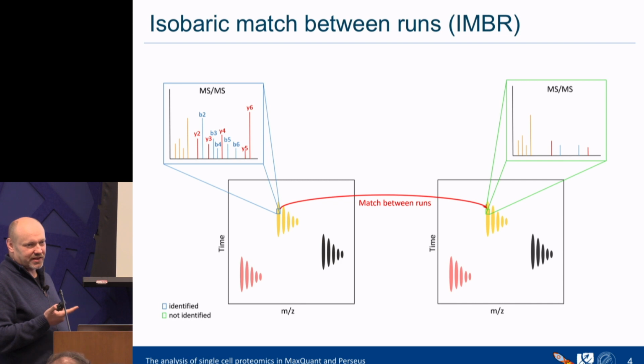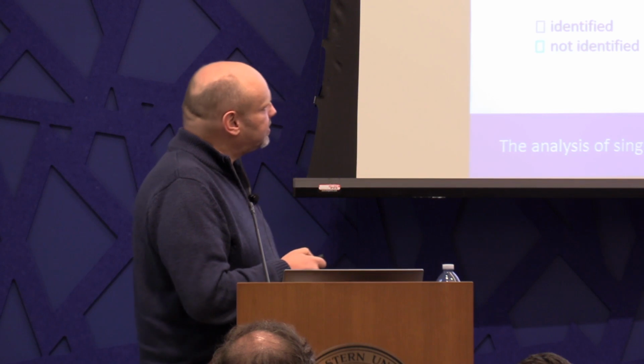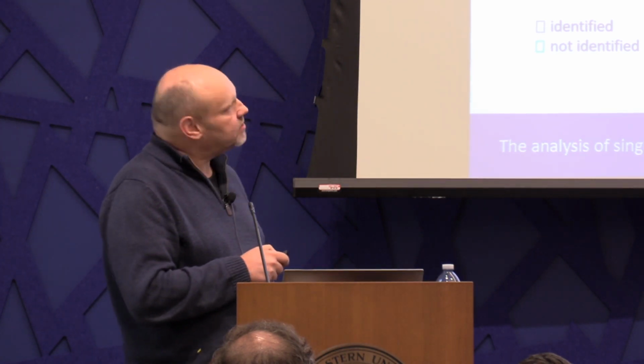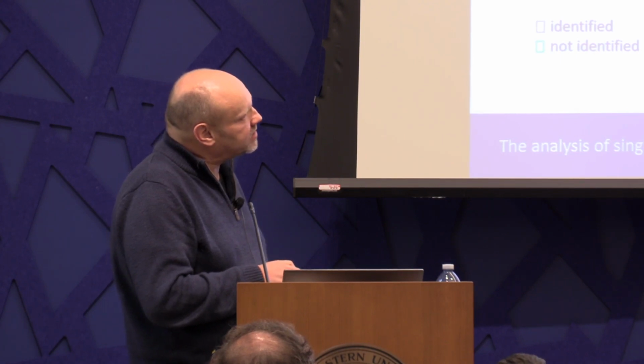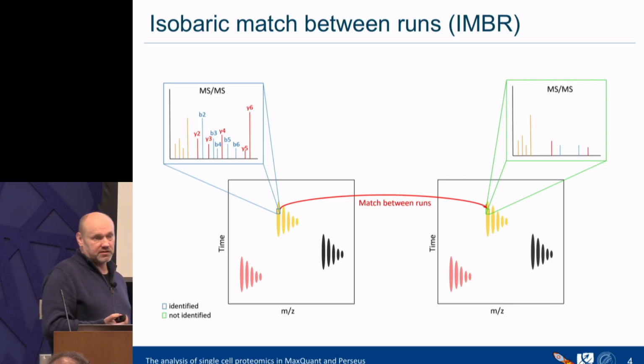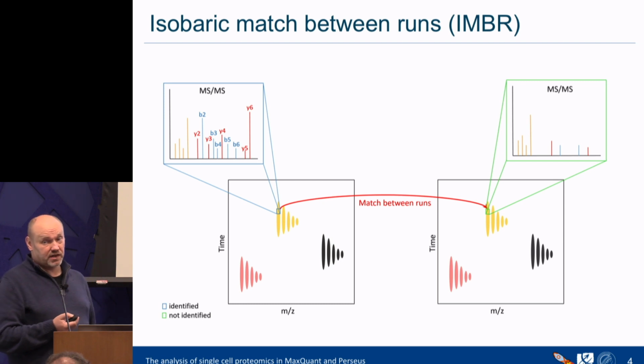So mass recalibration is actually also important so that you get very highly accurate masses for these two features, so that just based on the mass and retention time, you infer that this should be the same feature. And because it's the same feature, you can then use the TMT reporters that are in this spectrum here, even though the spectrum itself has not been identified, for quantification, right? So this is basically trying to reduce the missing value problem in single cell proteomics, and it also does, as you will see, substantially.